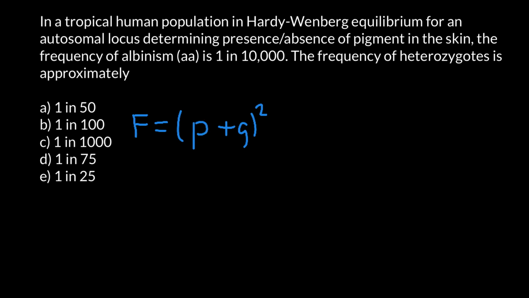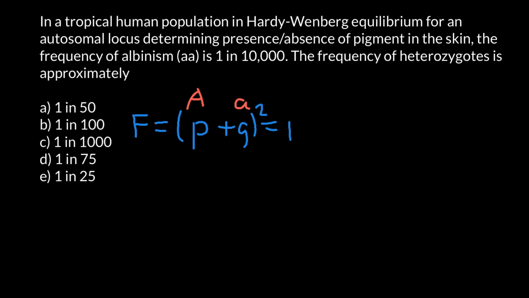Allele P would be the dominant allele, and allele Q would be the recessive allele. So P stands for the dominant allele A and Q stands for the recessive allele a, and squared means diploid organism. In a diploid organism we may have three genotypes that these two alleles can produce.